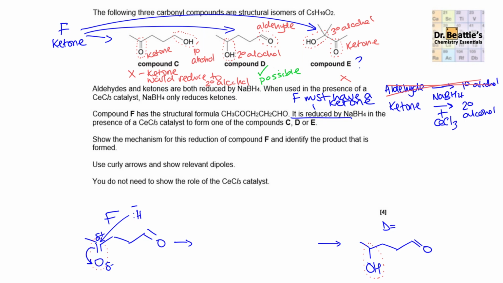Draw the product of this as an intermediate, show any dipoles in this case, and then all we need to do is close the gap between this intermediate and the actual product D, and that is this oxyanion collecting a proton, a H+, and so we just draw a lone pair here, and we draw that grabbing the H+. And that's all 4 marks there.